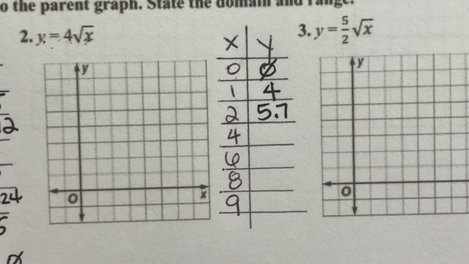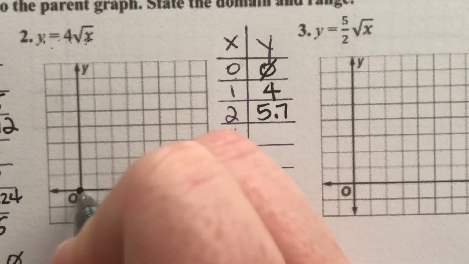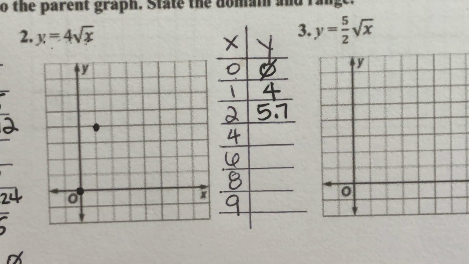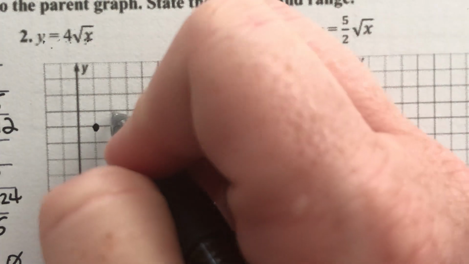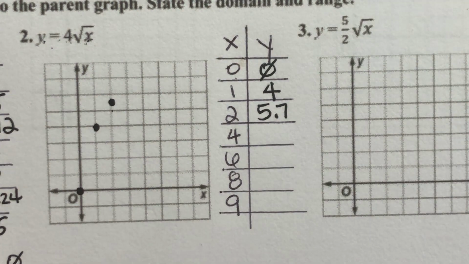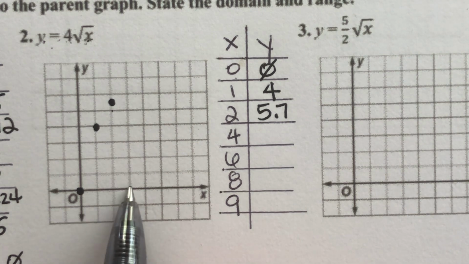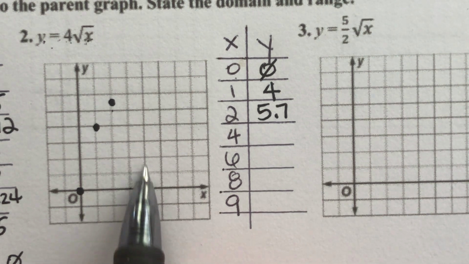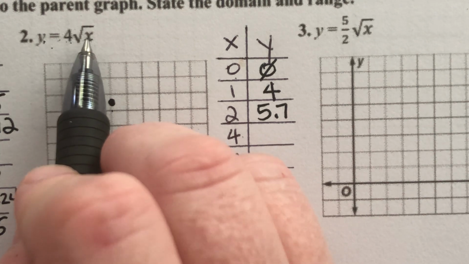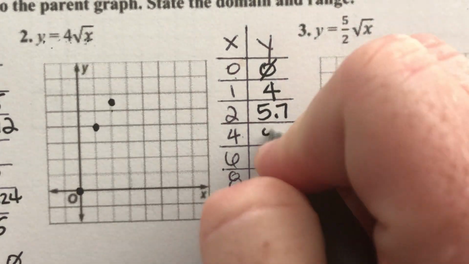I'm going to start plotting these. So I got 0, 0, over 1, up 4. Well, that's big. Over 2, up 5, almost to 6, 5.7. Okay, when x is 4, so I skipped 3. I'm not going to plot anything on this line, but I am on this line. When x is 4, square root of 4 is 2. 2 times 4 is 8.